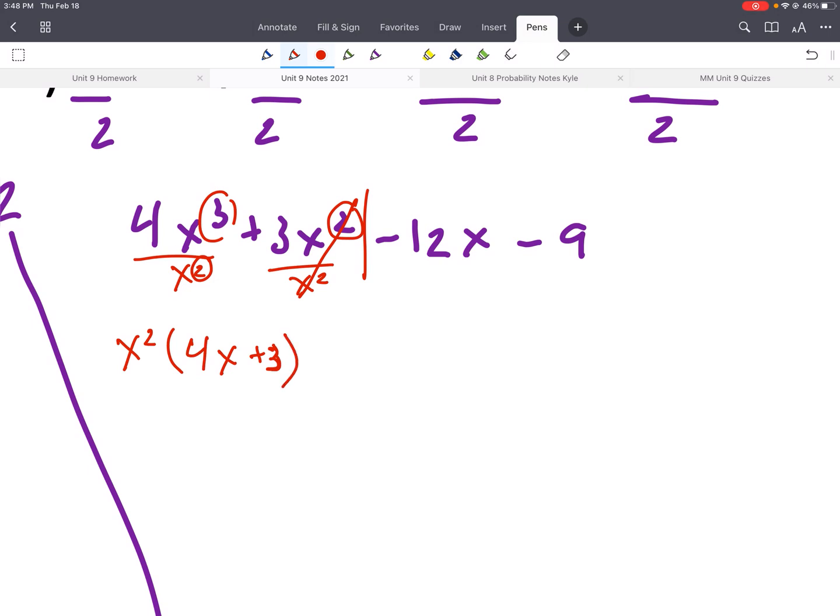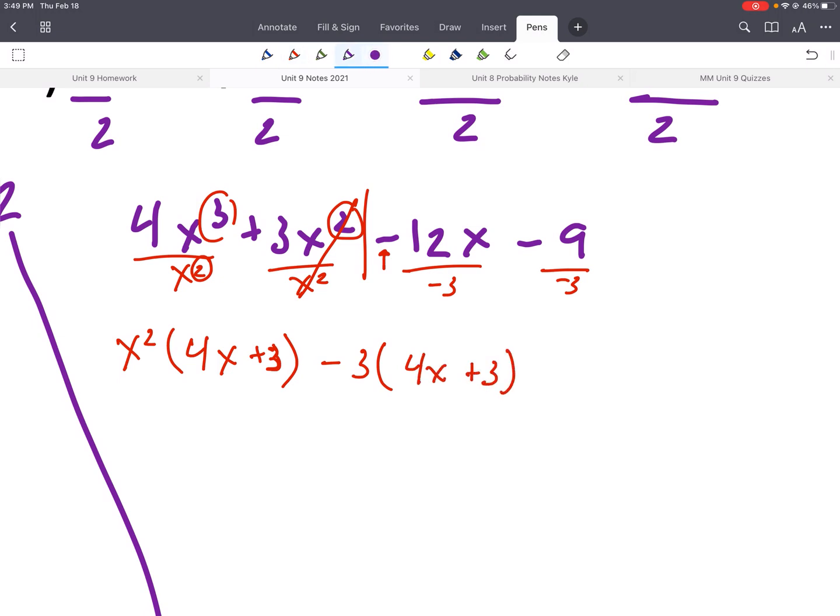And on the right side, the greatest common factor, it looks like we could take out a negative 3. Okay, again, if we have a leading negative, we should take care of that. So we'll divide everything by a negative 3, and that leaves us with what? Positive 4x plus 3.